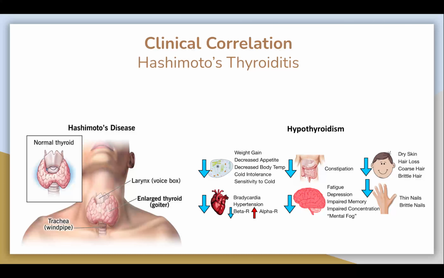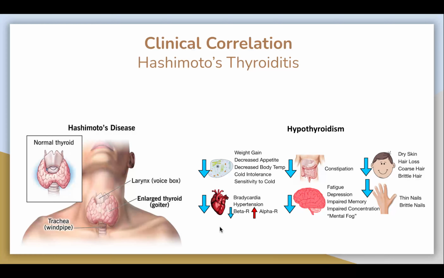So just the opposite of hyperthyroidism, a reduction in the metabolic rate. So you have cold intolerance because the metabolic rate is very low, with a decrease in body temperature, and even if the appetite is already reduced, the patient will still have weight gain because the metabolic rate is very slow.